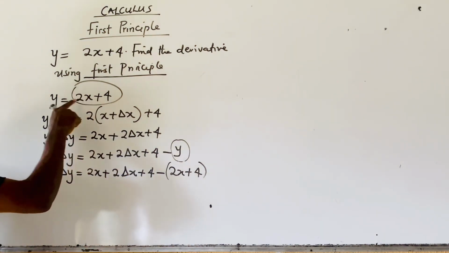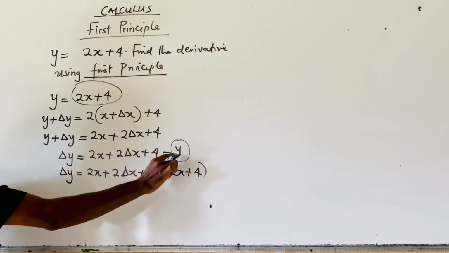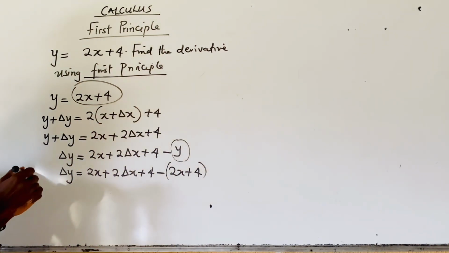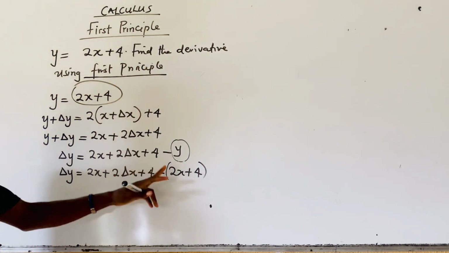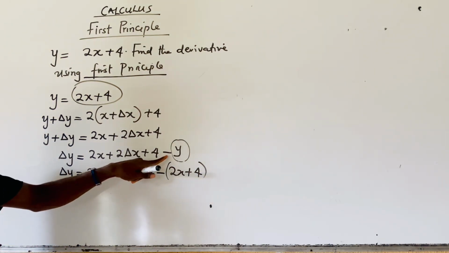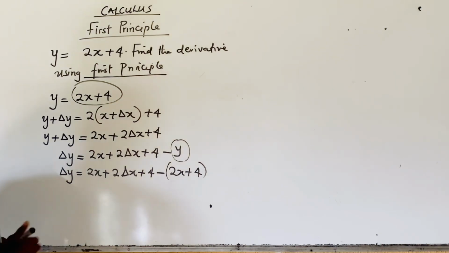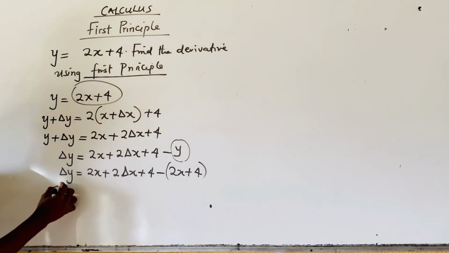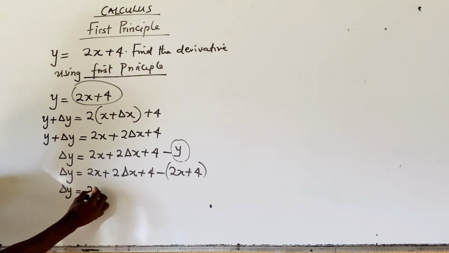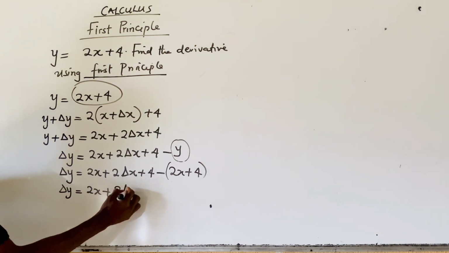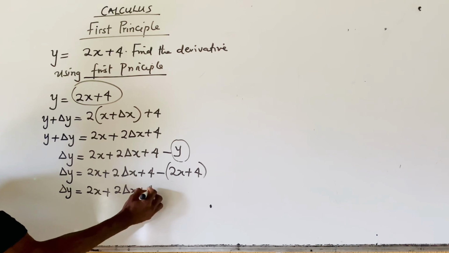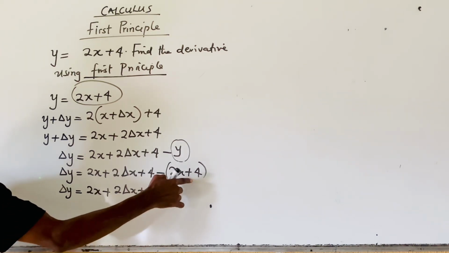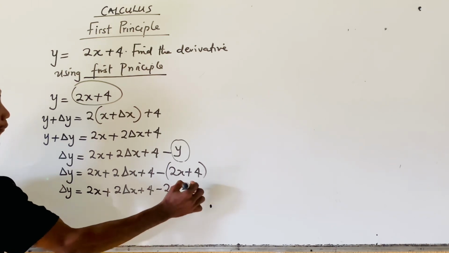So if it's just one term, you can drop it like that. But if it's more than one term, two, three or more, always ensure to put that in brackets if you have a negative sign here, because the negative sign will affect every term in the bracket. So it becomes change in y equal 2x plus 2 change in x plus 4, minus 2x, minus times plus 4 gives us minus 4.